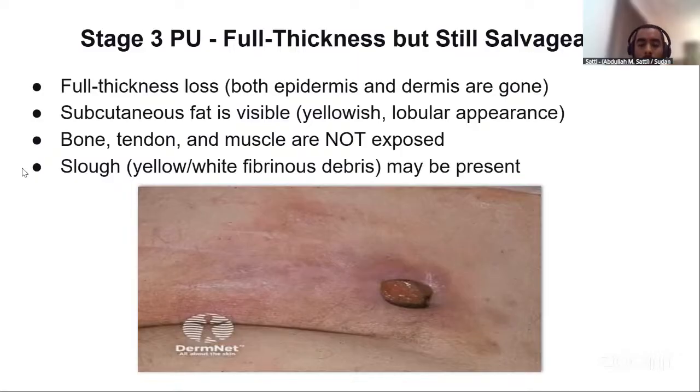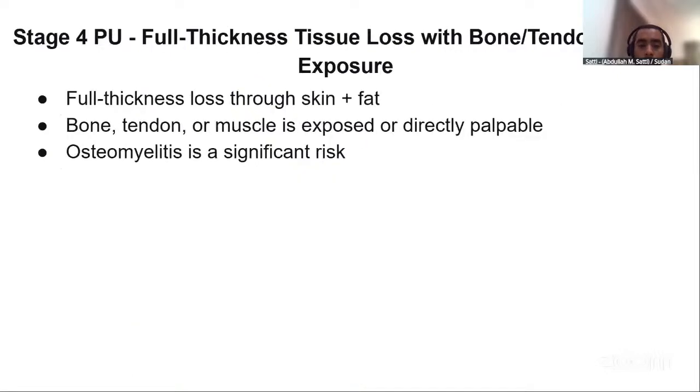But a very important differentiator from stage 4 is that you don't see bone, you don't see tendons, you don't see muscle. If you see those structures, this is no longer stage 3, this is stage 4. And you could also see sloughs, like regenerating tissues, but you should not see bone or tendon.